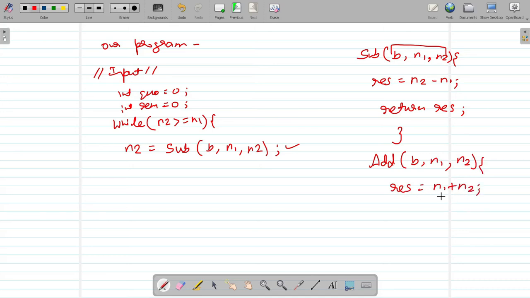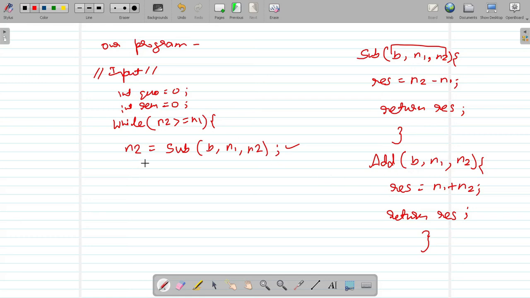It doesn't matter how you write it in plus format. Here, for n2 minus n1, the order matters, because n2 minus n1 will not be equal to n1 minus n2, as subtraction does not follow the commutative property. But for addition, n1 plus n2 will be equal to n2 plus n1, so it doesn't matter in which way you write it. So this was our add function.